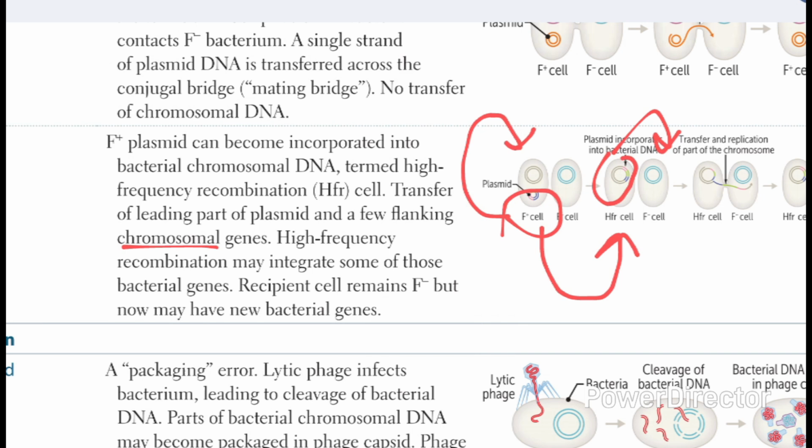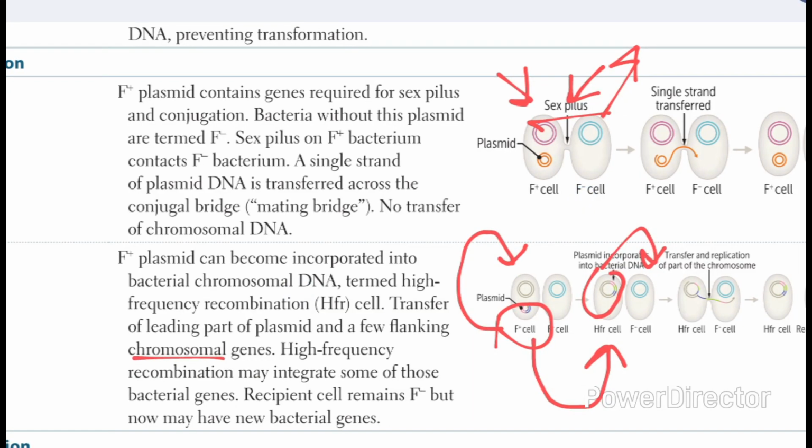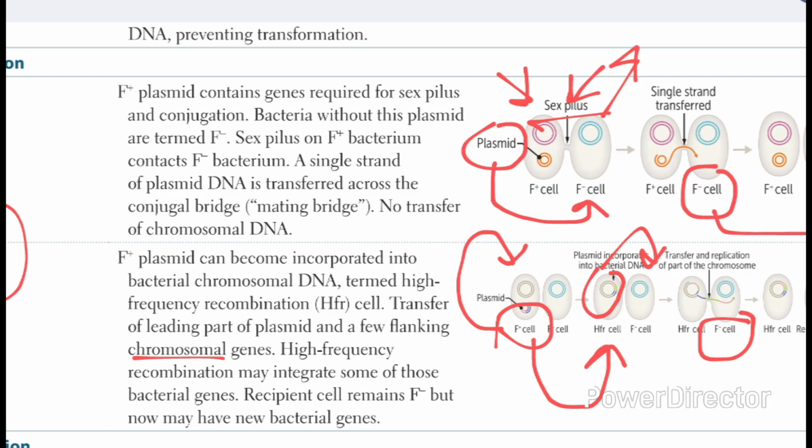What we need to remember is the important distinction between the Hfr and the F positive by F negative conjugation. In this scenario, the F negative cell will remain F negative at the end of conjugation, whereas during the conjugation process in which there was transfer of plasmid material from one bacteria to the recipient bacteria, the cell that was originally F negative was converted into F positive.